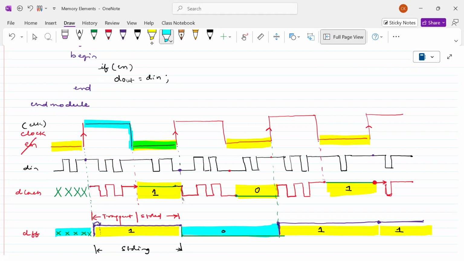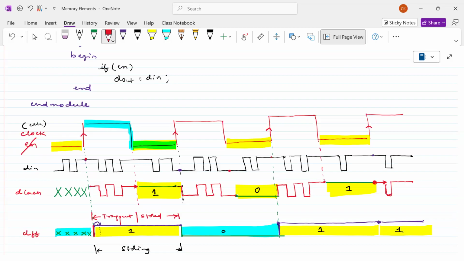Whenever you see the positive edge, the change is observed, that too a positive change, then it will enter the always block. In the always block, whatever the DIN is, that will be assigned to D out. Therefore this value is assigned to D out here, 1.